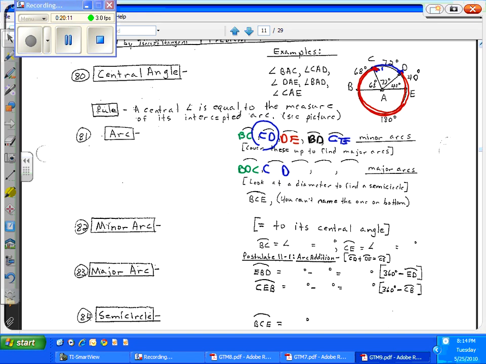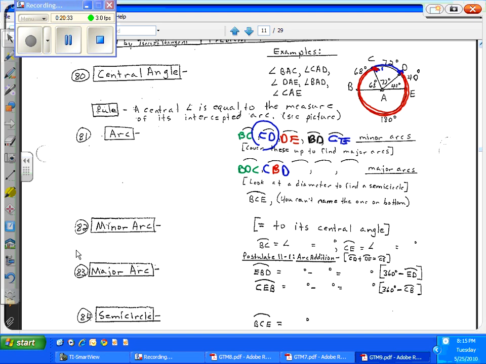So we could call it arc CBD or CED. So again, to find all of your major arcs, you just go the long way around from your minor arcs. Okay?